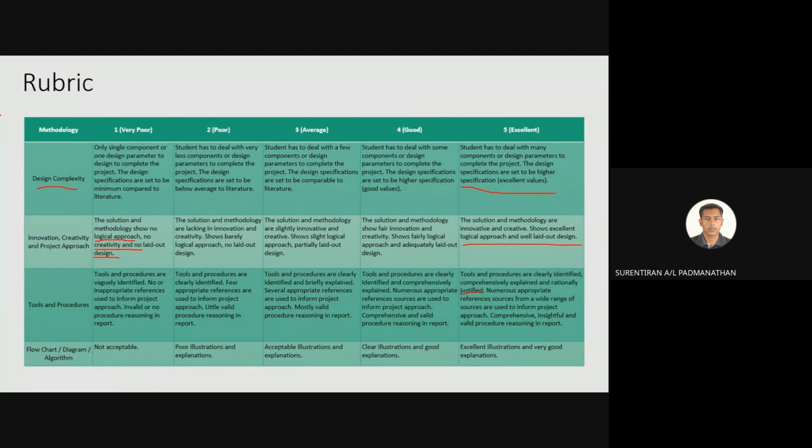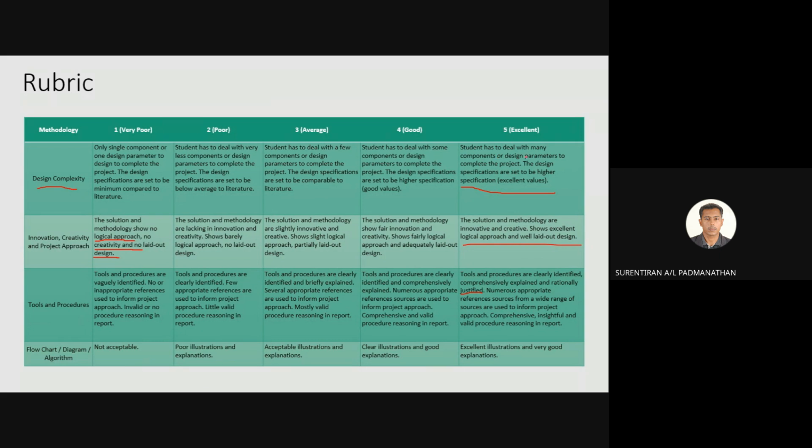So what is the rubric? What you need to make sure is that your methodology is excellent. For design complexity, there are some rubrics that you have to follow. You have to make sure that design complexity is excellent. So which one is considered excellent?